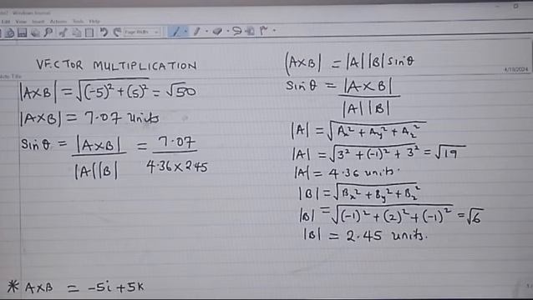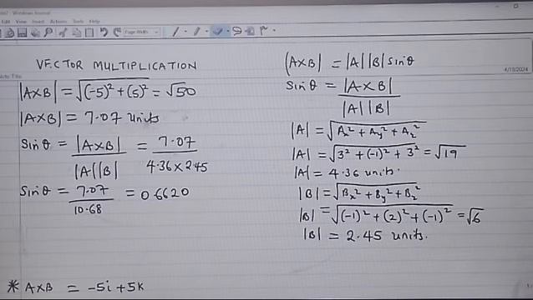If we proceed, we say sine theta is equal to 7.07 all over 10.68. This gives us exactly 0.6620. So we find the sine inverse of that value to get the angle.